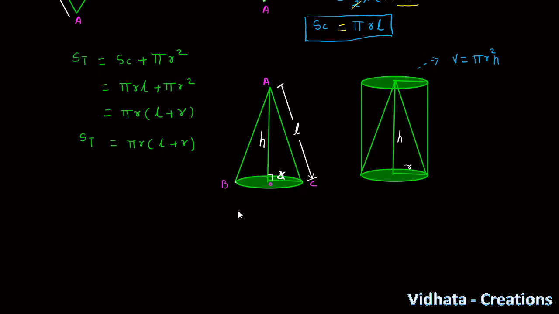And what I am telling you is that the volume of the cone is 1/3 of the volume of the cylinder. So it will be equal to 1/3 into pi r square h.